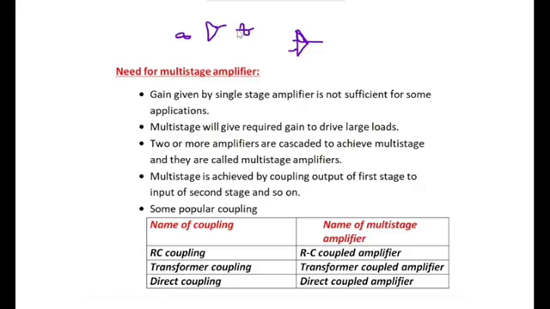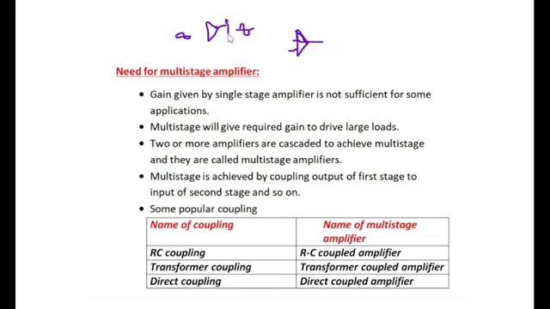If the signal amplified by that amplifier is not sufficient to drive a load that requires this much energy, then what do we have to do? To solve that problem, we introduce multi-stage amplifiers.